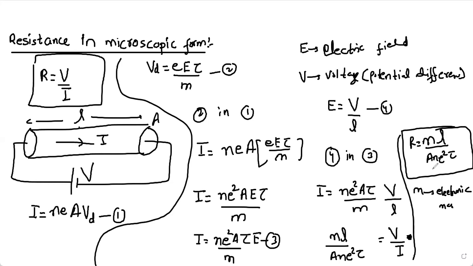Just turn your pages, come to the second derivation of the relation between current and drift velocity. It's the number density of free electrons. Number density means number of electrons per unit volume, not the total number of electrons.